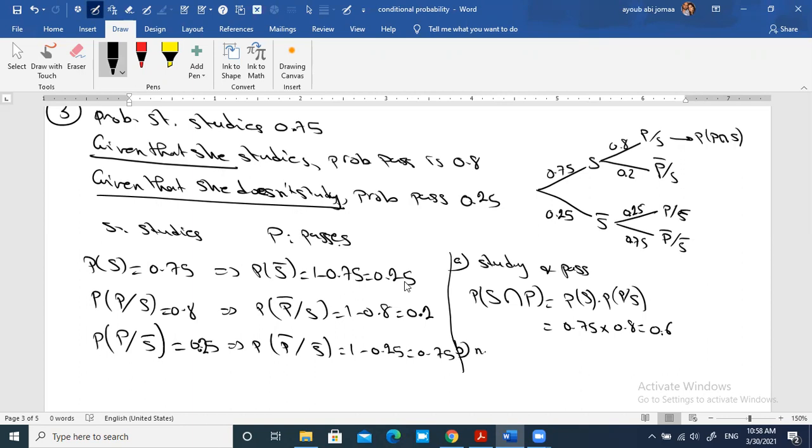She will not study and pass. شو يعني؟ She will not study يعني S bar and pass intersection P.